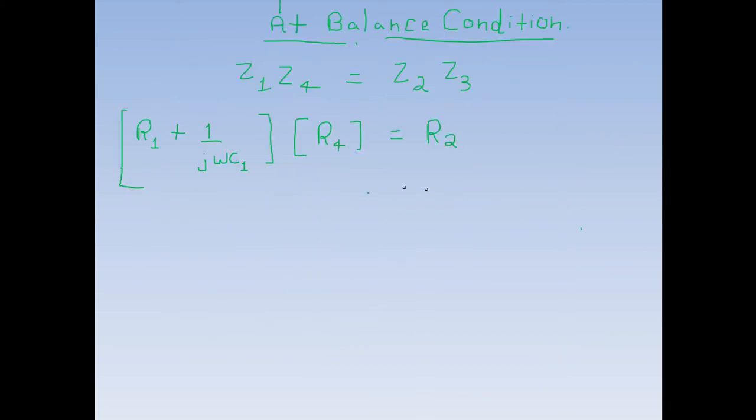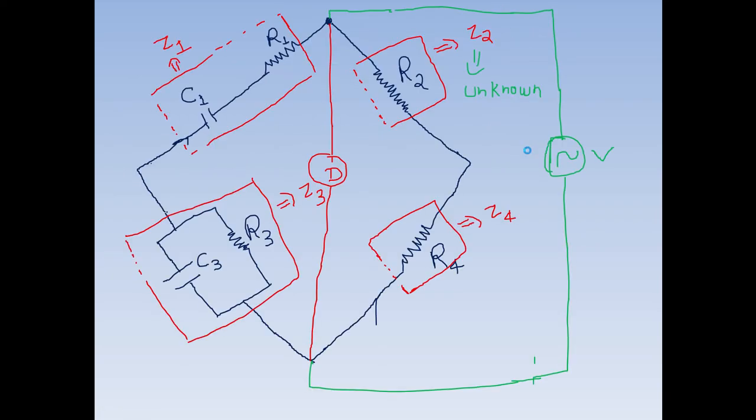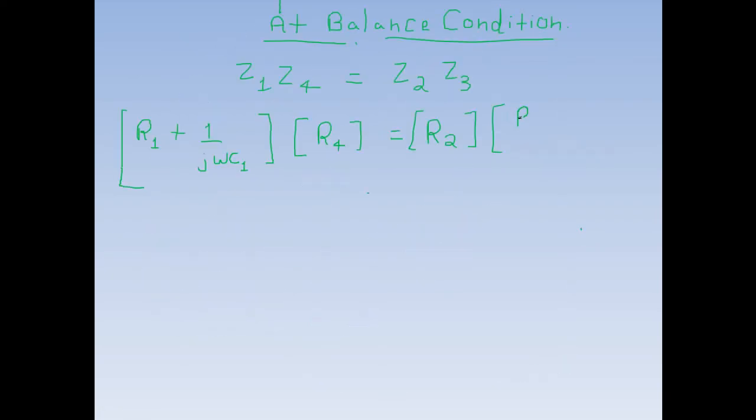So we can write R2 multiplied by R3 in parallel with C3, that is R3 multiplied by 1 upon j omega C3, upon R3 plus 1 upon j omega C3.